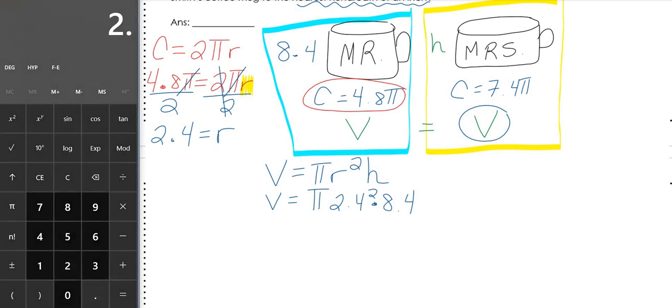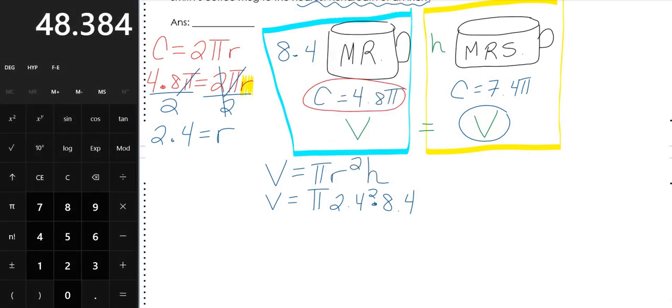So 2.4 squared times 8.4 for the height gives me 48.384. So volume equals 48.384 pi. I haven't multiplied the pi in.